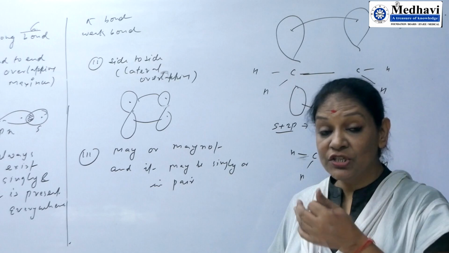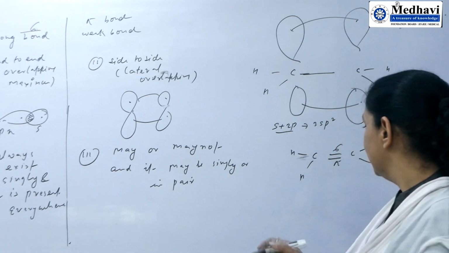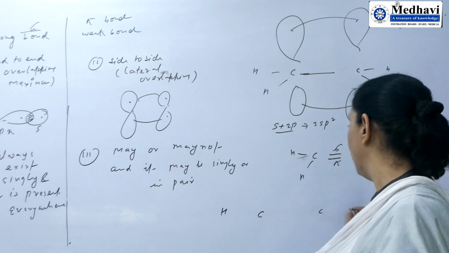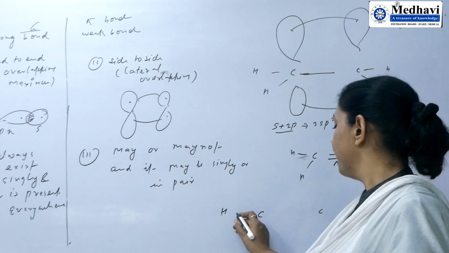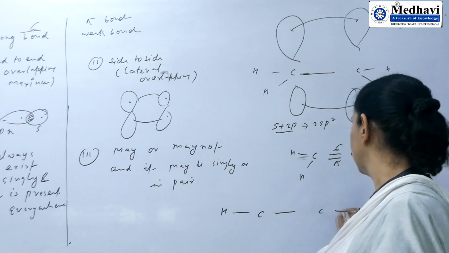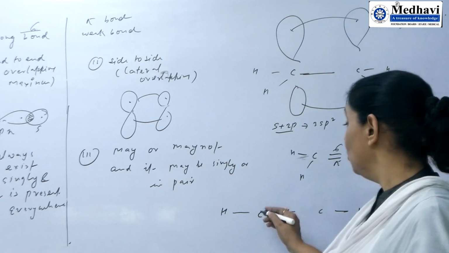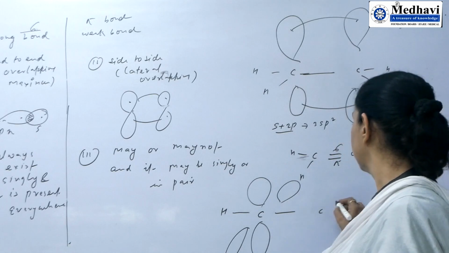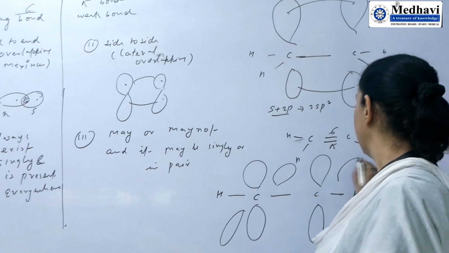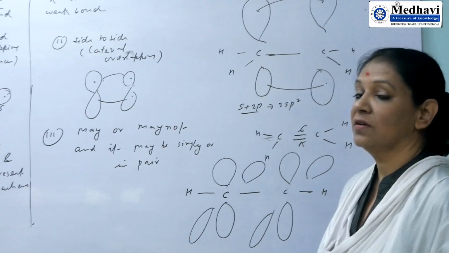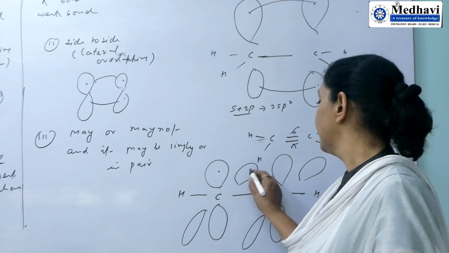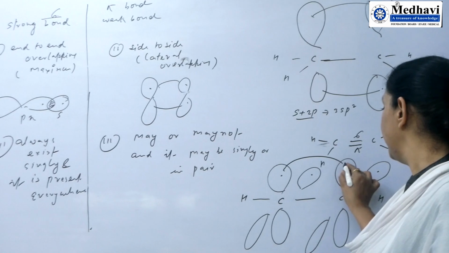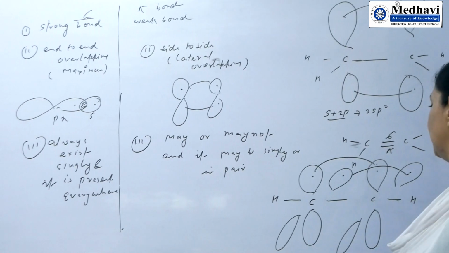If we see the structure of ethine, then in ethine, each carbon has 2 bonds only. Here 2 bonds, each carbon. So 2 orbitals, py and pz, remain unoccupied. So py overlaps with py and pz overlaps with pz.